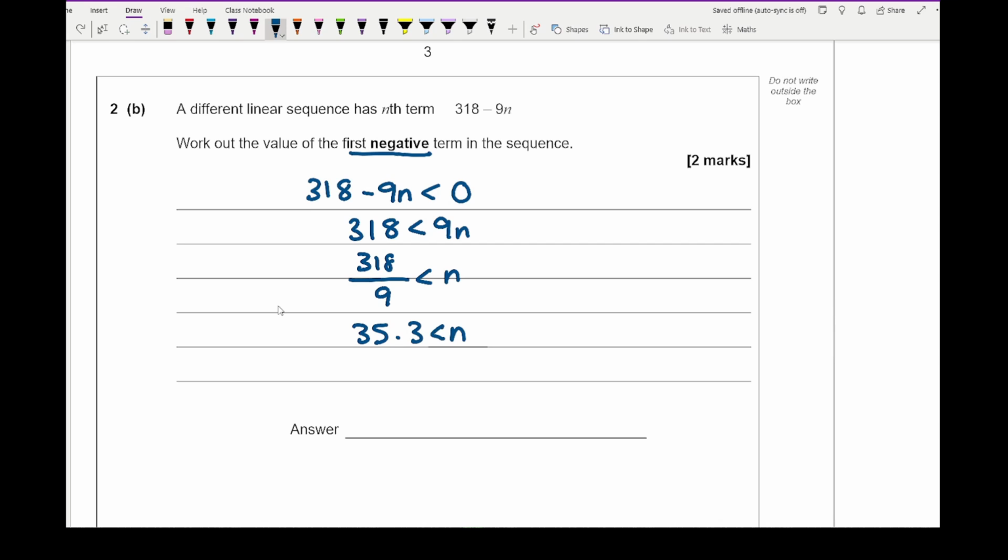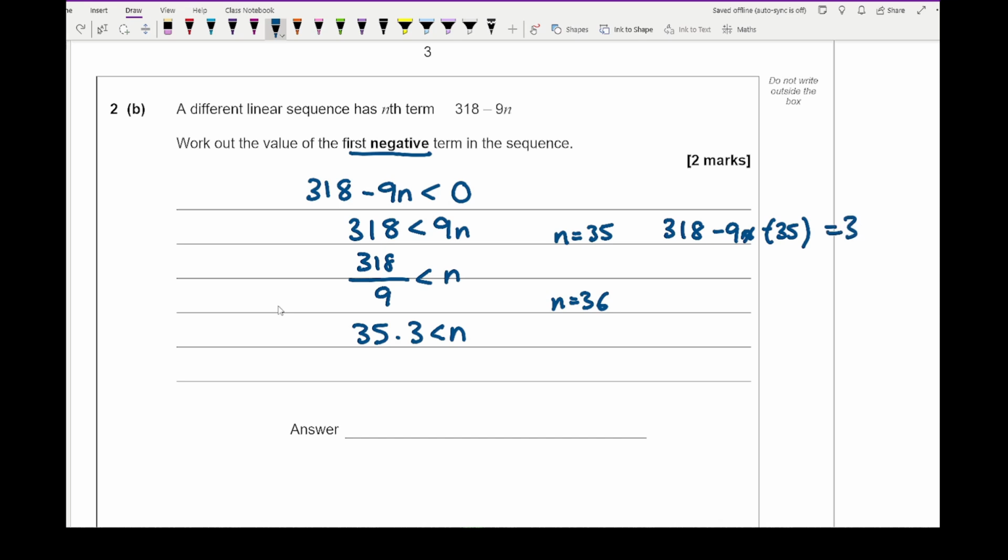And so for this, what we then need to do is basically see whether we're going to use n equals 35 or n equals 36. So if I substitute n equals 35, I end up with 318 minus 9n, and we swap the n with 35, and if I type that into my calculator, I end up with an answer of 3.